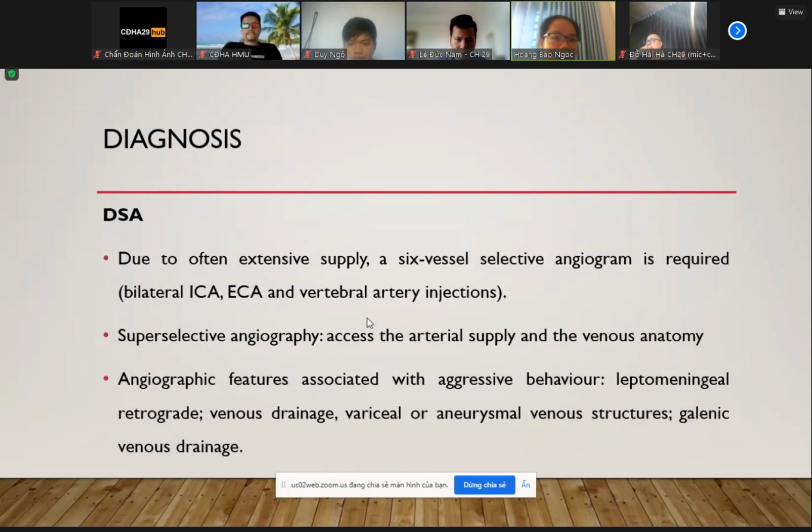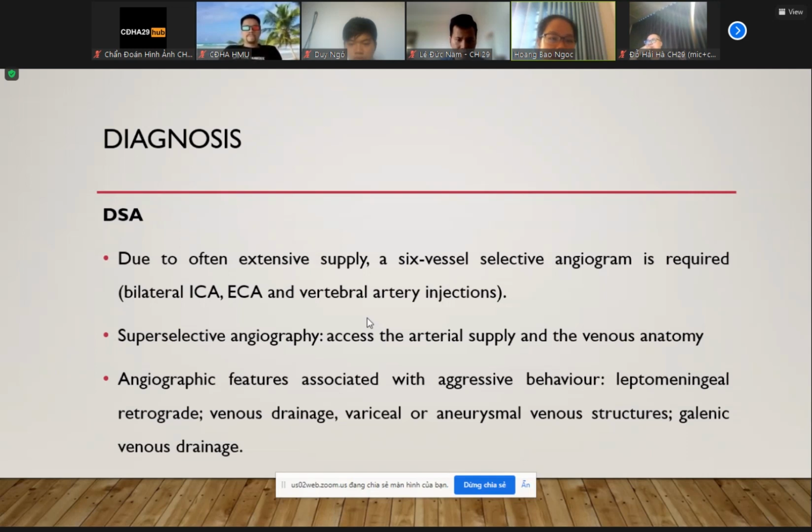For DSA, due to the often extensive supply, a 6-vessel selective angiogram is required, including bilateral internal carotid arteries, external carotid arteries, and vertebral artery injections.